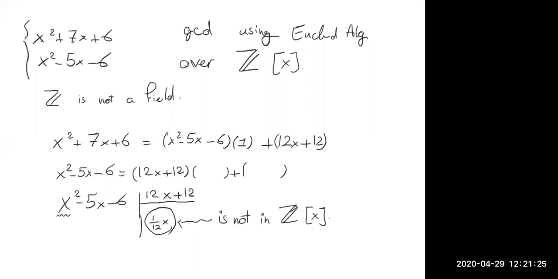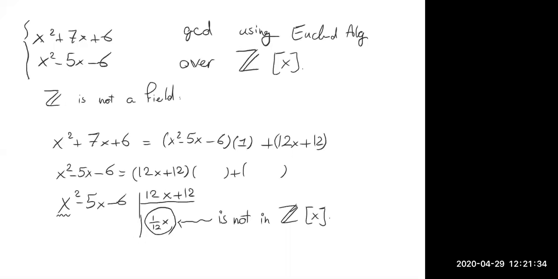Does it make sense? So the problem is that this thing is not in Z[x]. We don't have 1 over 12x. So we can't continue division. So actually, there is no division algorithm in Z[x].